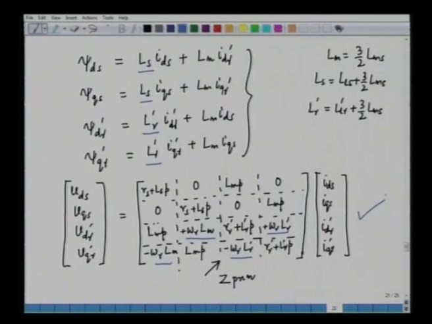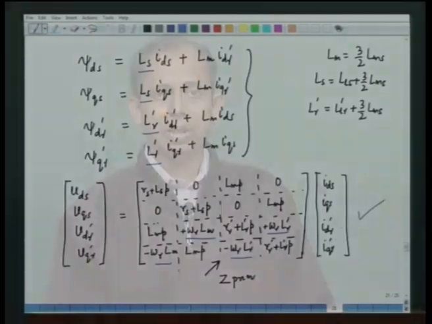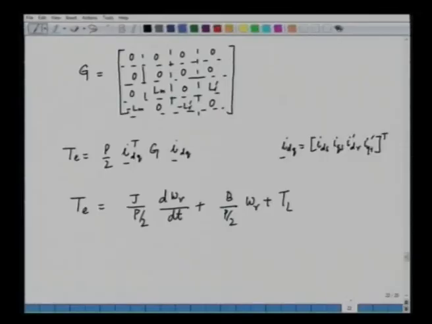In the stationary reference frame, the dq axes are stationary, they are not rotating, and we have the voltage equations here. From this we can find out IDS, IQS, IDR and IQR, and then we can substitute this to find out the torque of the induction machine, and the torque can be substituted here to find out the speed.